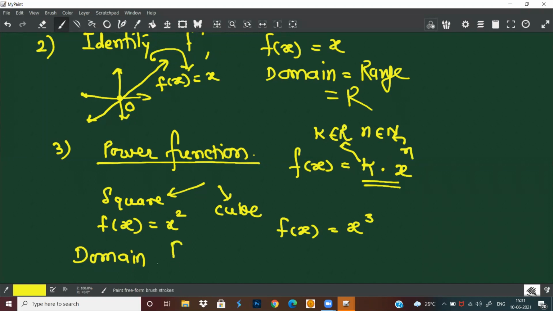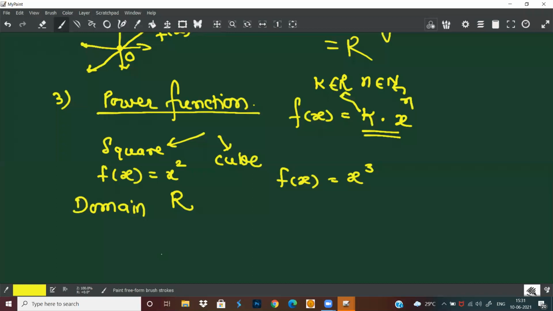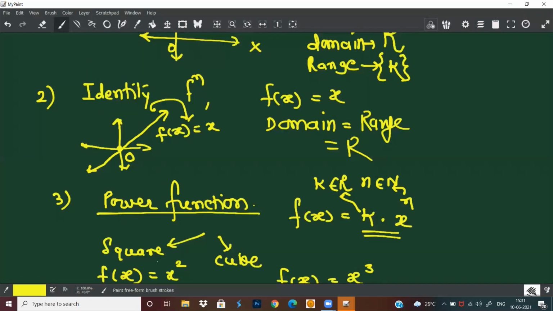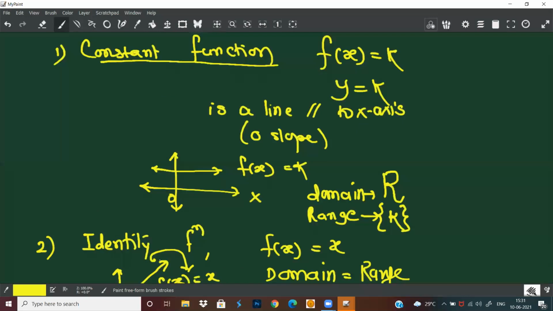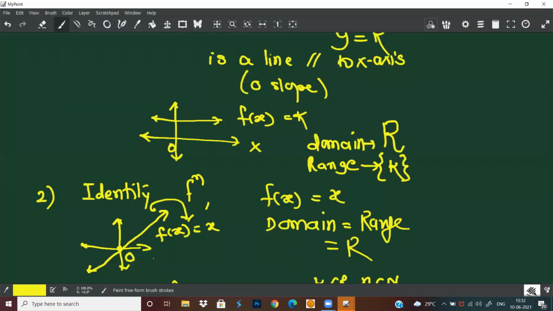There is no restriction. Constant function, yes. ले लो. Rishikesh, tell me when it is done. Okay, thank you. ये भी लेना है identity and all.